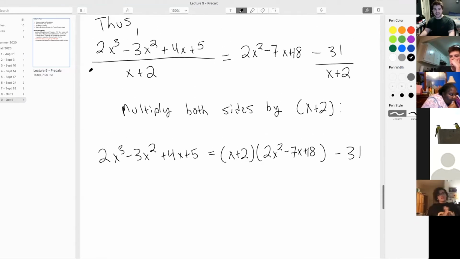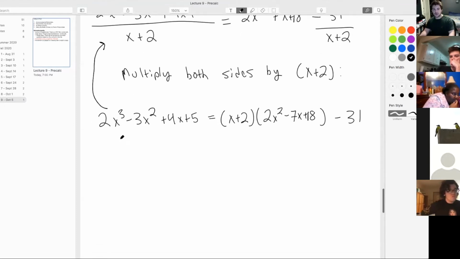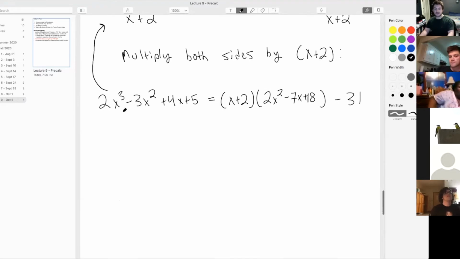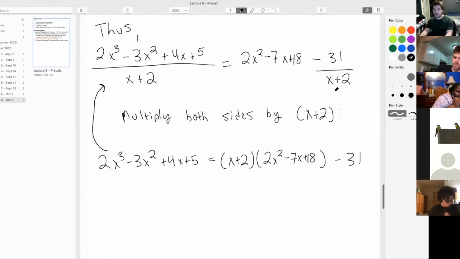You actually get this from the bottom here. So imagine if you were to divide both sides of this equation by x plus 2. You would get this 31 over x plus 2.